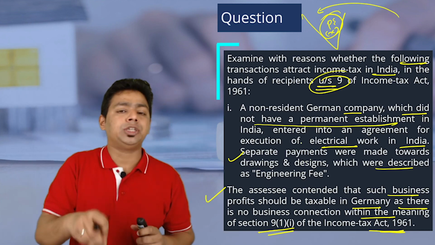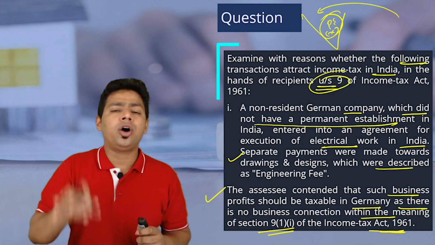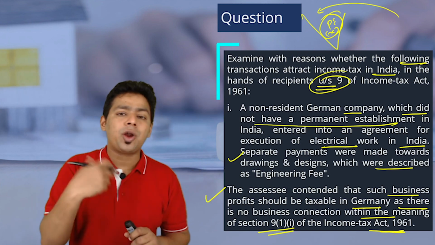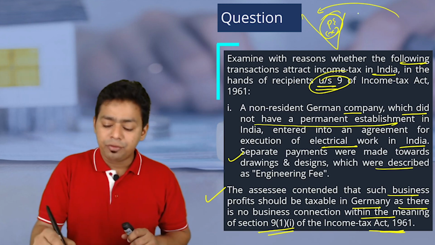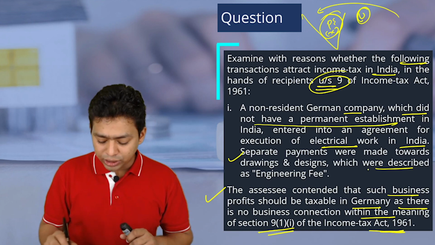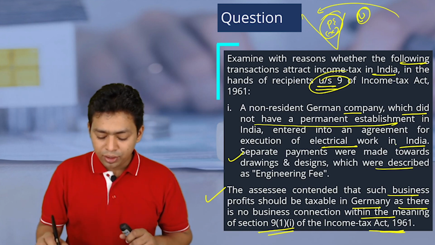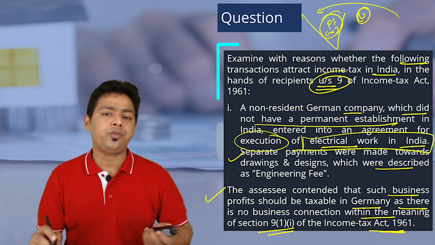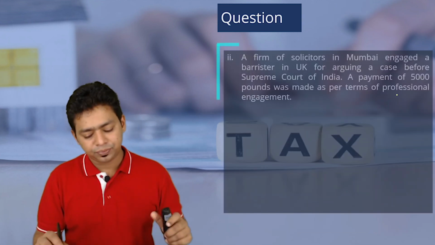Whether you have your fixed place of business premises here or not, that is not a concern here. Whether the services were provided in India or outside India, that is also not a concern here. When services are utilized for the project in India, so here the whole services are utilized for the execution of electrical work in India, therefore it is deemed to be accrued in India.